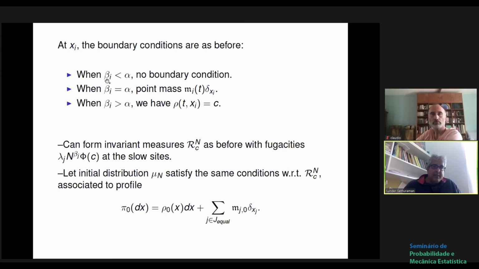When beta_i is less than alpha, then you don't feel the slow site. Beta_i equal to alpha, a point mass is picked up. And beta_i bigger than alpha, then you get this Dirichlet condition. So we're still starting from mu n, which has order n relative entropy with respect to one of these invariant measures.